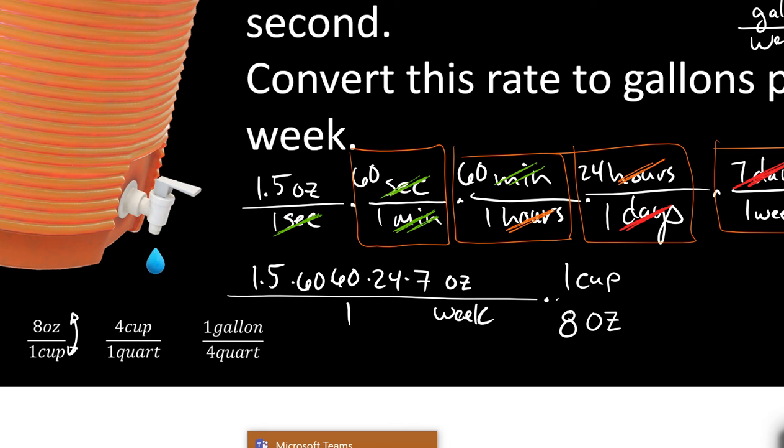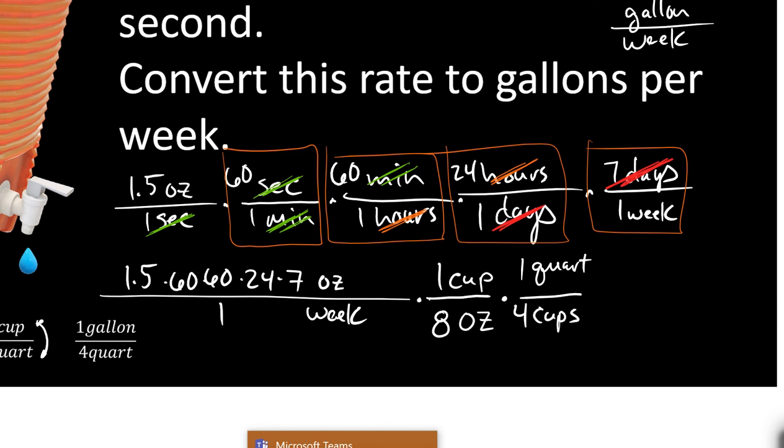And I'm now going to multiply that by, see, I can get rid of the cups. So I'm going to flip this one also, right? Because I want cups to cancel next. So I'm going to put cups here and a quart, Q-U-A-R-T. So I know that 1 quart is the same thing as 4 cups.